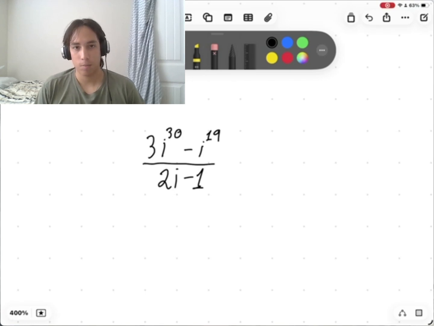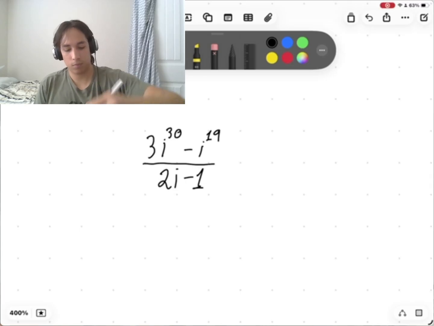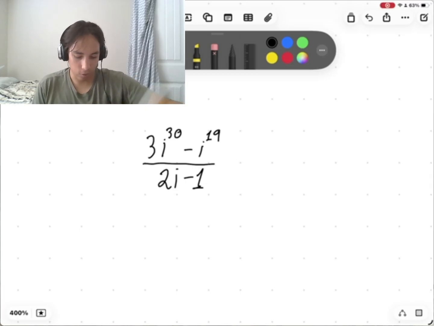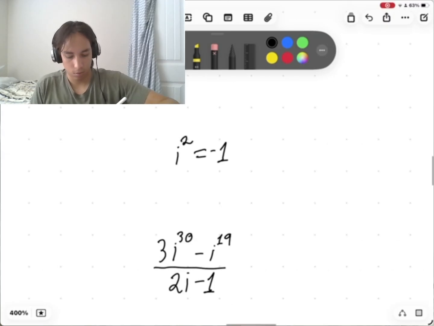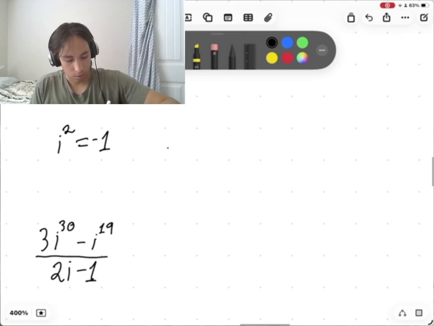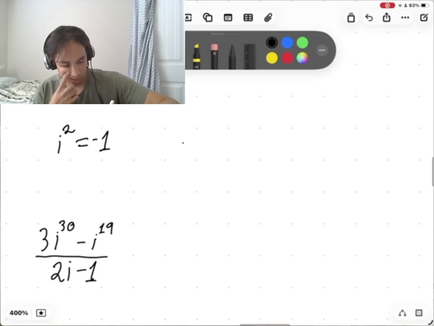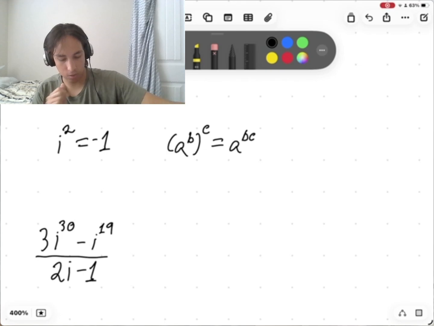But there is a way to simplify the numerator, and that's to remember that i squared equals -1, right? And also that a to the b power, raised to the c power, equals a to the bc power.